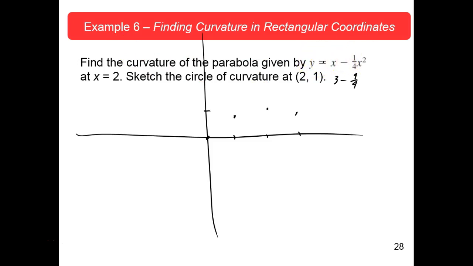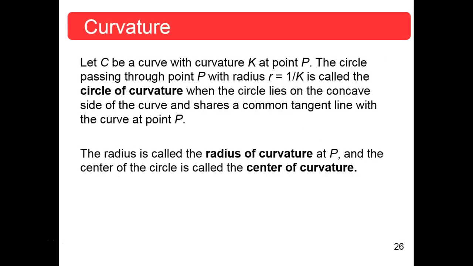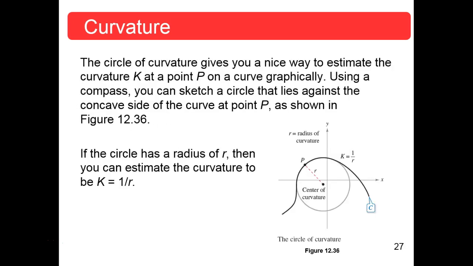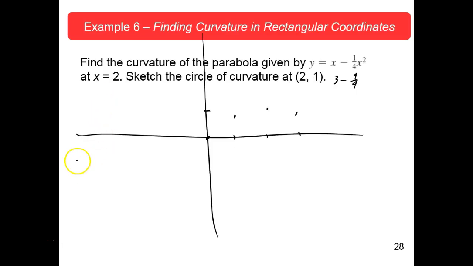We don't have a vector equation, so we just have that. So let's go back here and get our formula: magnitude of y double prime over 1 plus y prime squared to the 3/2 power. So curvature is equal to the magnitude of y double prime, and if it's not a vector, you don't put a second bar.